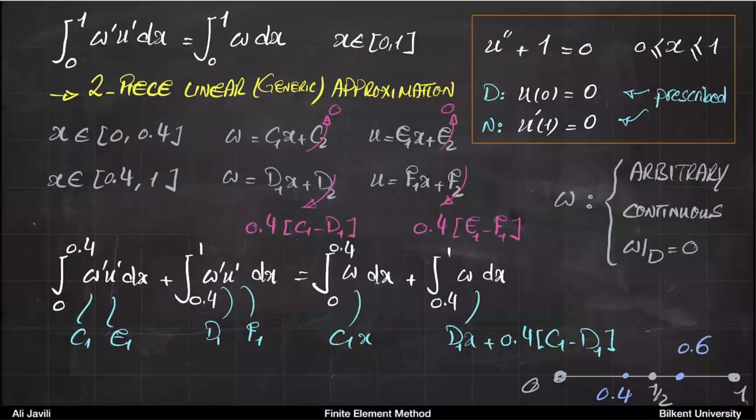Generic in the sense that I am not going to say this thing is 0.4 anymore. I just call it A. It's a point at coordinate A, and A could be anywhere between 0 and 1.